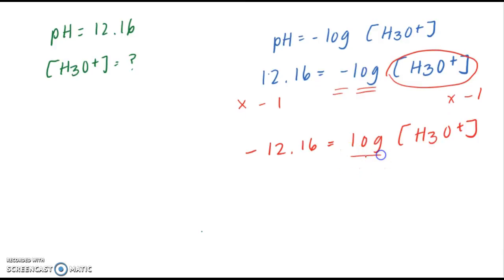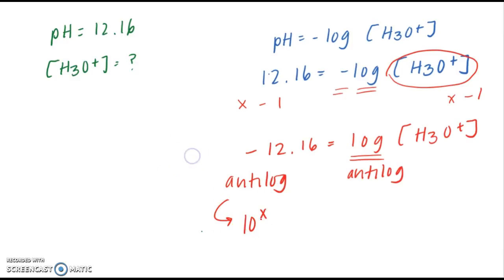All right, so now I need to get rid of this log. And the way that you get rid of a log is you take the anti-log. So we're going to do the anti-log of both sides. And what the anti-log actually is, is taking 10 to an exponent. So when you're looking at your calculator, you're looking for the button that has 10 to the x, and that's what you're going to be pushing.